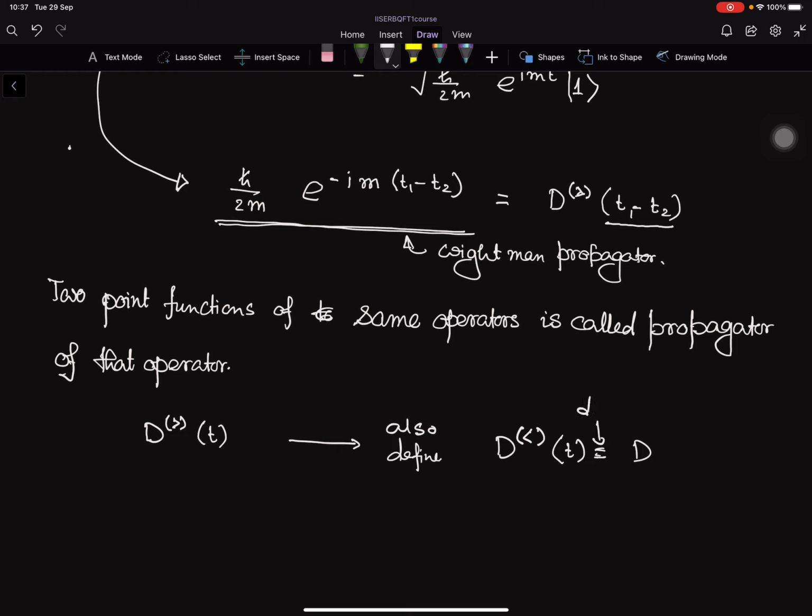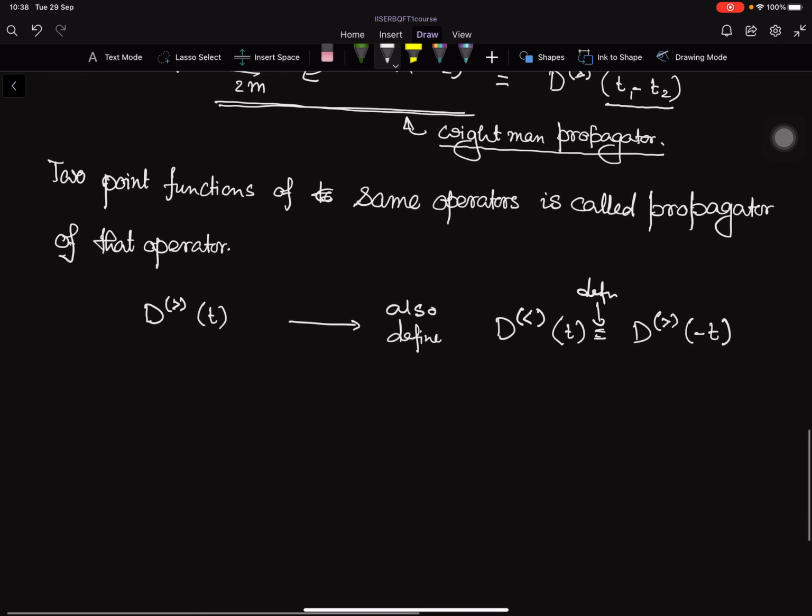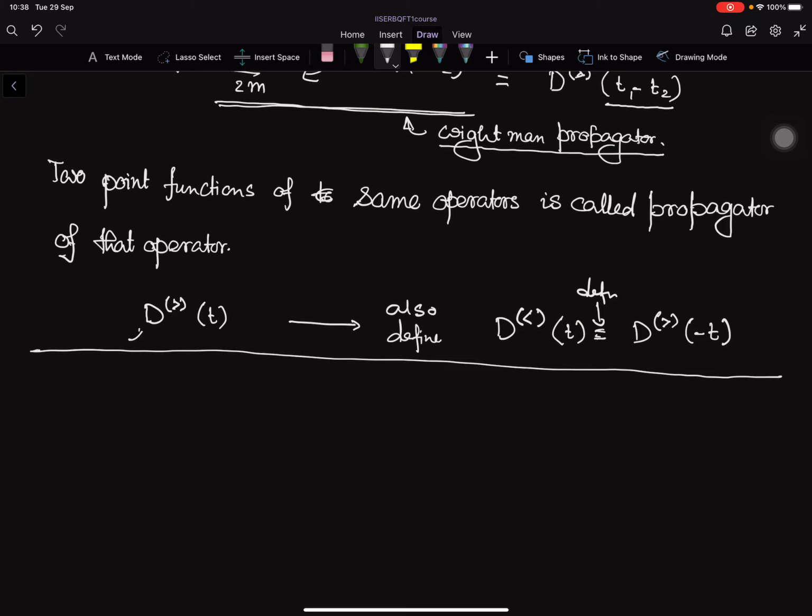So these are called the two Wightman propagators. These are called position space propagators.